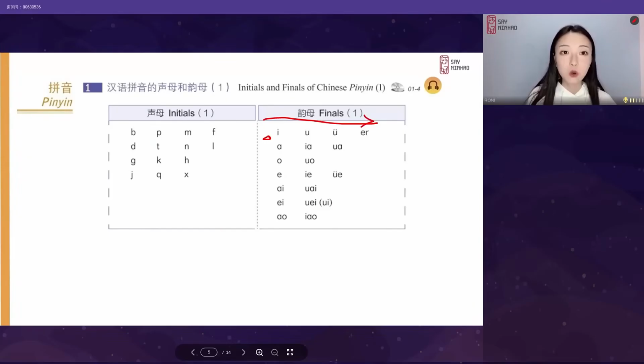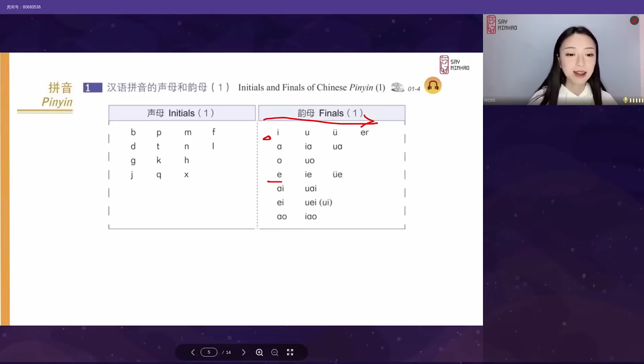E, U, ü, er, a, ya, wa, wo, ye, yue, I, y, a, wei, ow, yow.